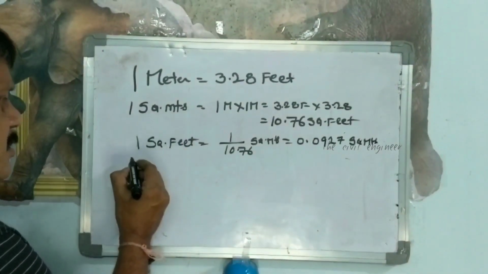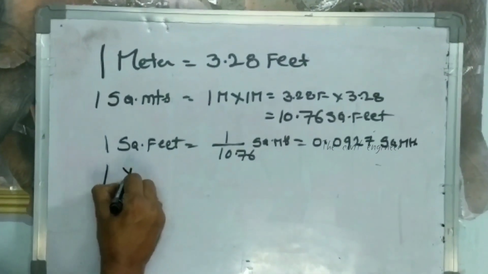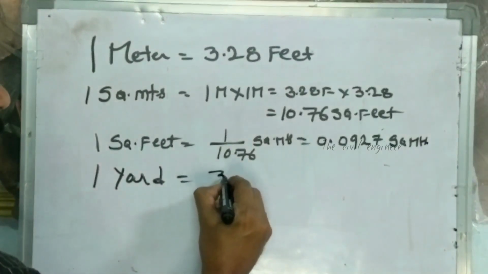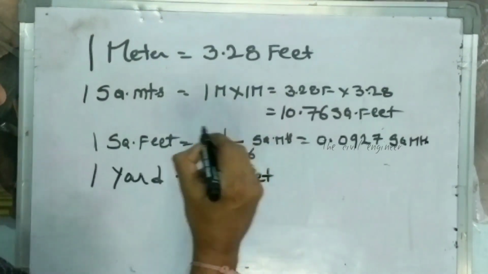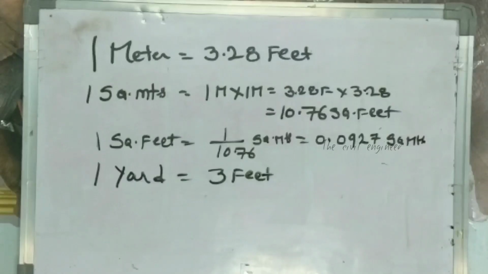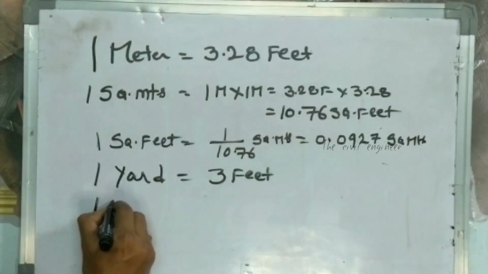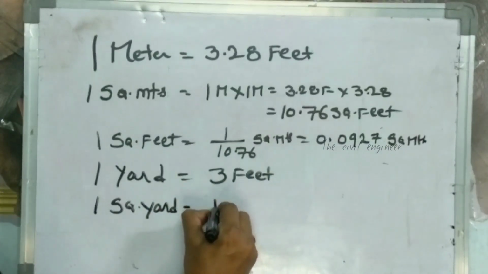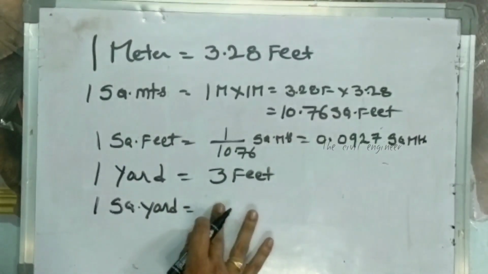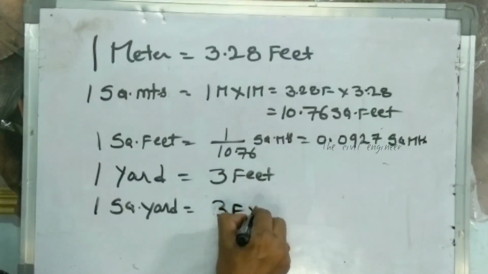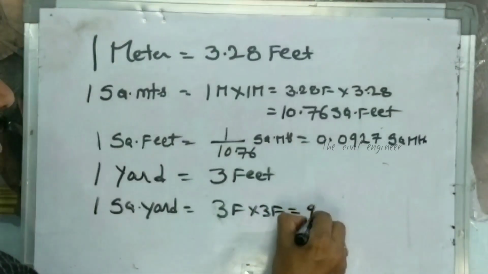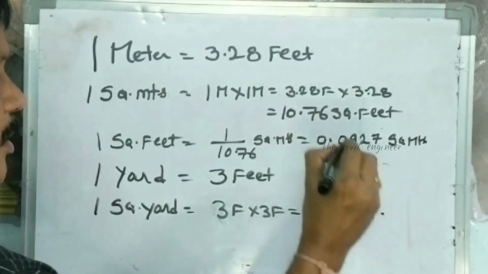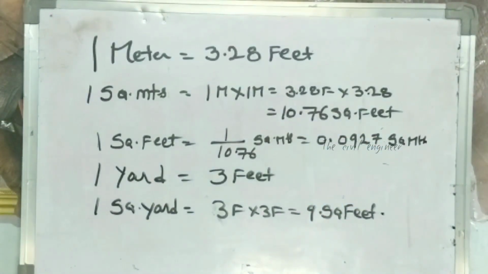The next one is the yard. 1 yard is equal to 3 feet. So 1 square yard is equal to 3 feet by 3 feet, that is equal to 9 square feet. 1 square yard is equal to 9 square feet.